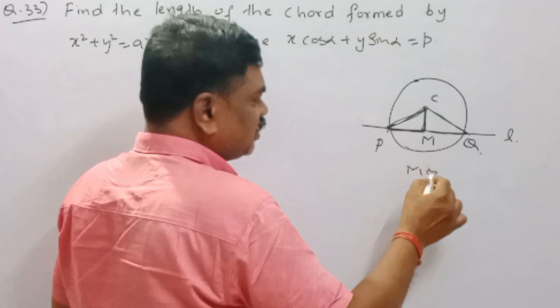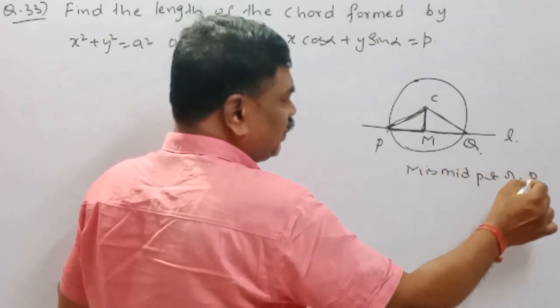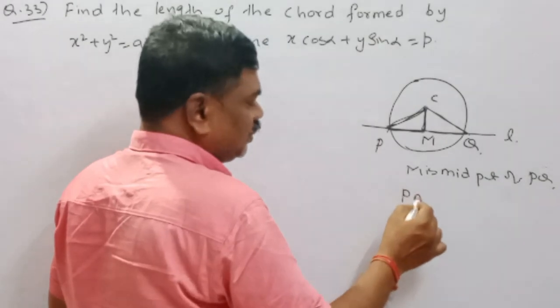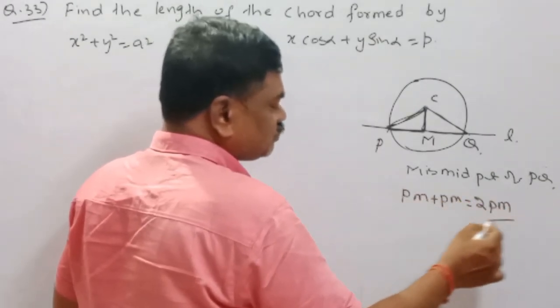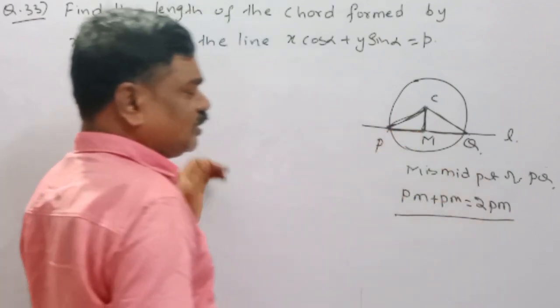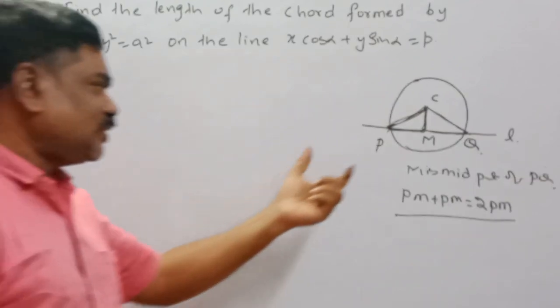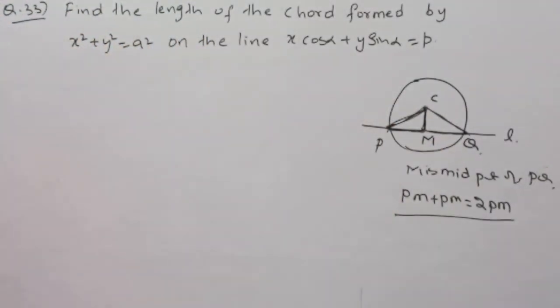M is the midpoint of PQ. Then PM plus PM is equal to 2PM. We have to find this length, and after doubling it, we will get the length of the chord PQ.